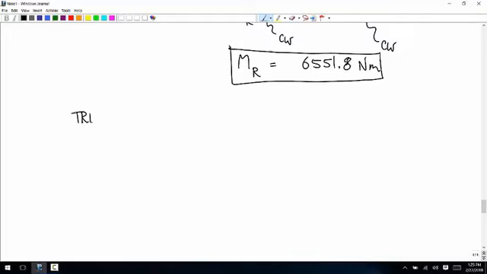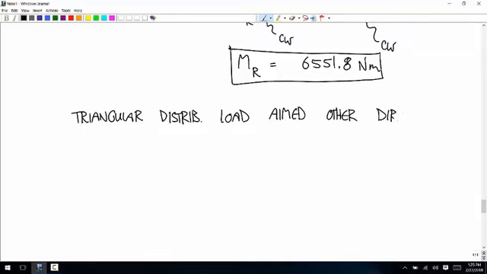So here's a triangular distributed load aimed the other direction. And this way is harder.